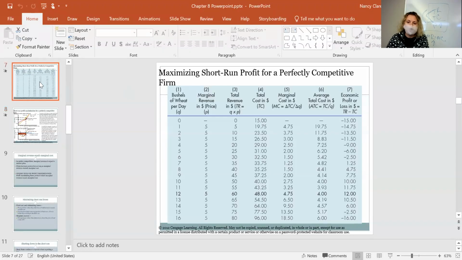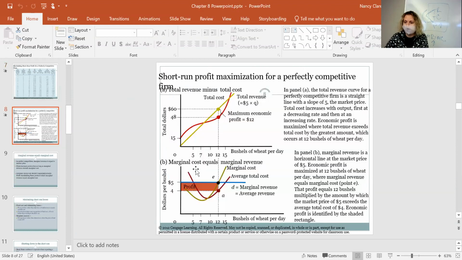Now, you know where that came from. It came from right here. Here's that same 60, here's that 48, and the difference is 12, okay? It's just the physical representation of all of this data, or, I'm sorry, those two columns, 3 and 4. The other graph is going to be the rest of it, okay? But you can see we have our quantities down here.